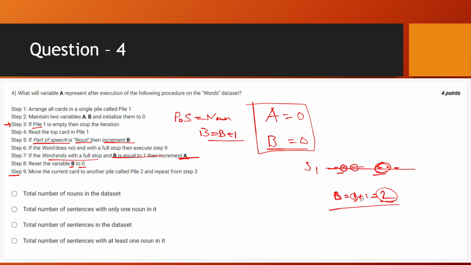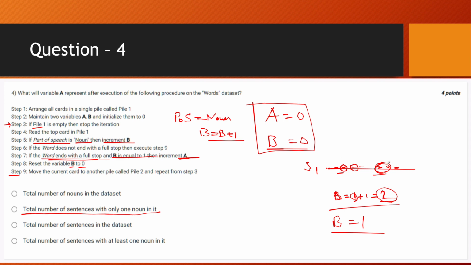So interestingly enough, you have option number 2, which states that the value of a would represent the total number of sentences with only one noun in it, because as you see, b should be 1 and the word should end with a full stop.